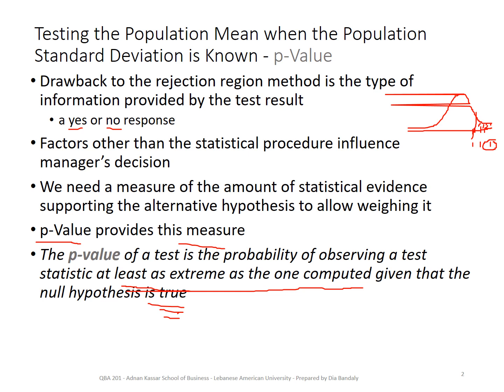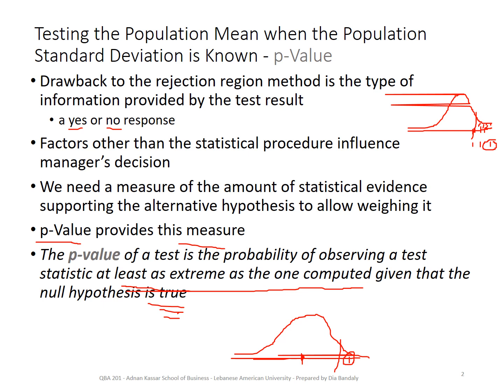So in the previous example, when we found X bar to be 178, the question is, how likely is it to see an X bar equal to 178 in a sampling distribution that has a mu, because H0 is supposed to be true, equal to 170? Okay, so here we go. We found 178, which is somewhere here. The question was how likely it is that we'll see 178 in a sampling distribution that has a mean equal to 170. That would be the p-value.